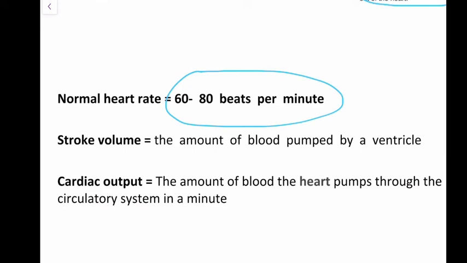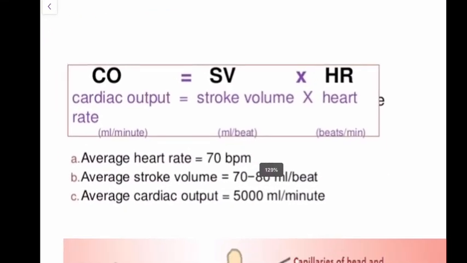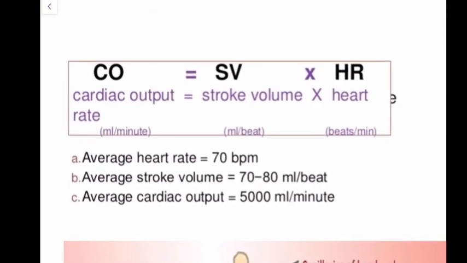The amount of blood that is pumped by a ventricle during one contraction is known as the stroke volume. And the cardiac output is the amount of blood the heart pumps through the circulatory system in a minute. We can calculate the cardiac output like this: stroke volume times the heart rate.